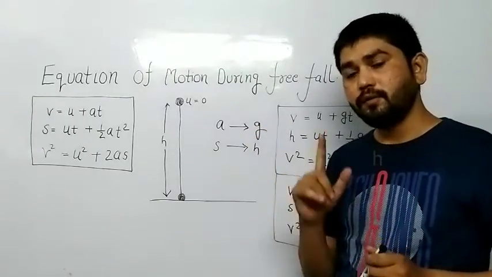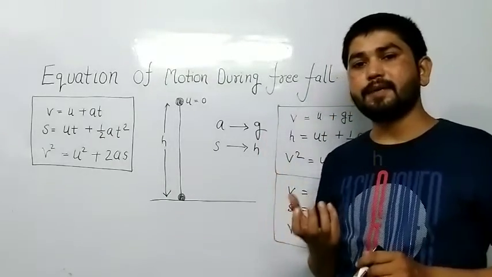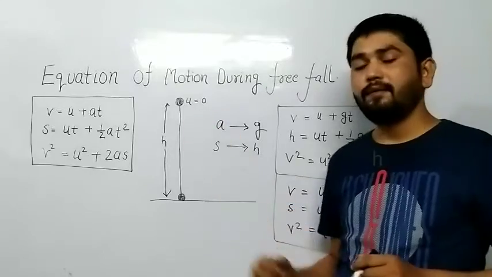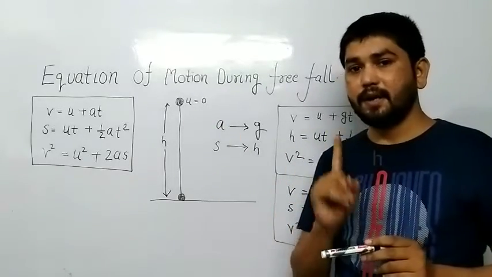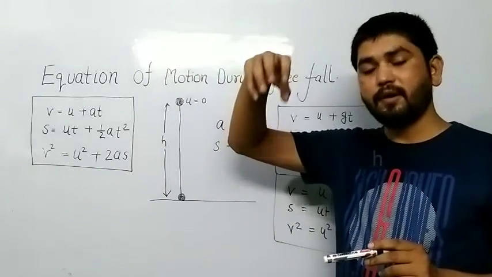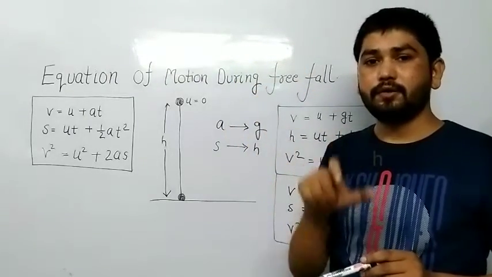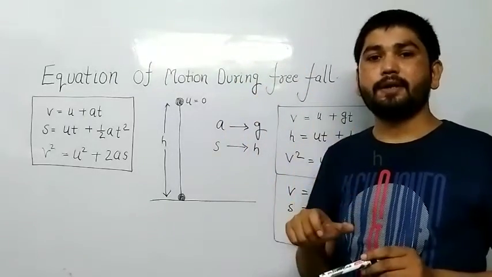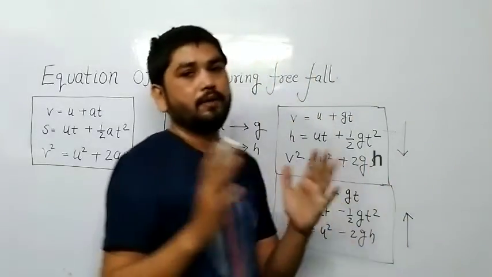So when you throw a ball upward, the final velocity will always be zero. When you drop any object from some height, in that case the initial velocity will be zero. Keep these points noted in your mind. After that, you can do any numerical.